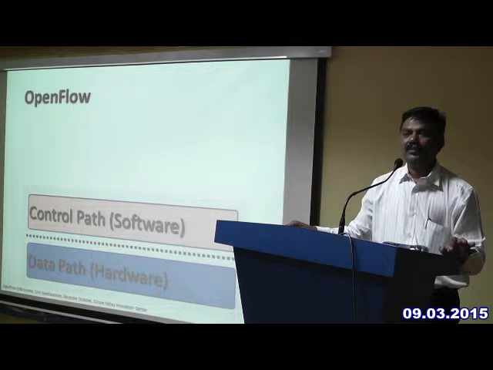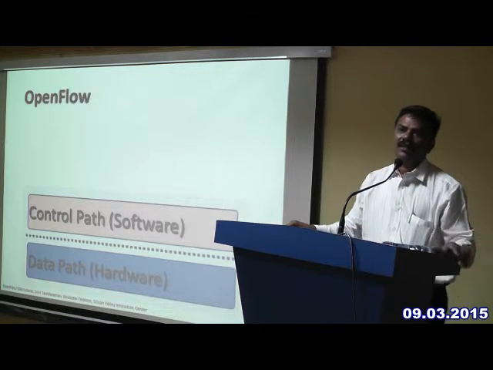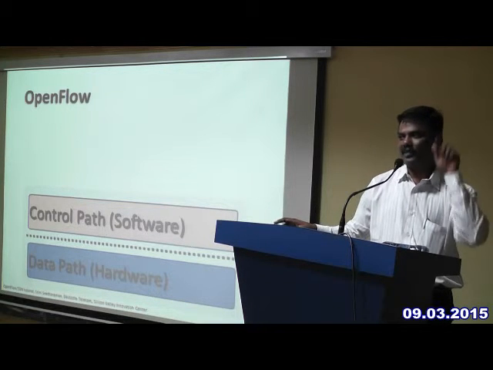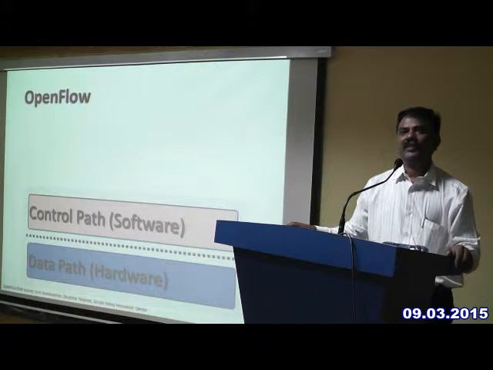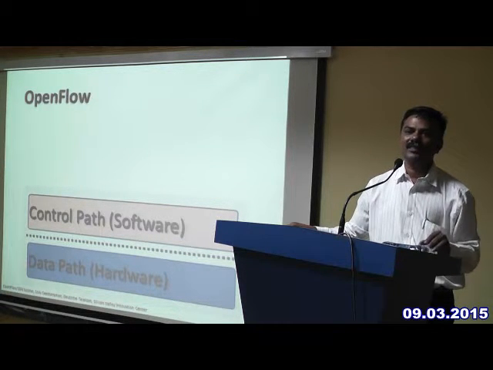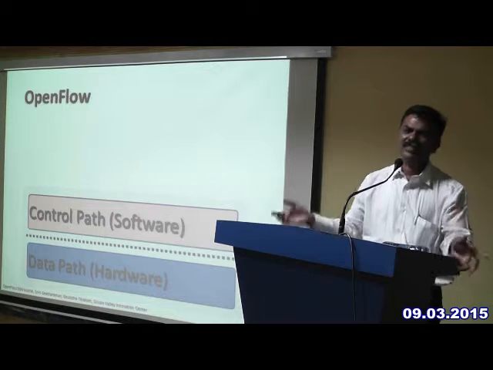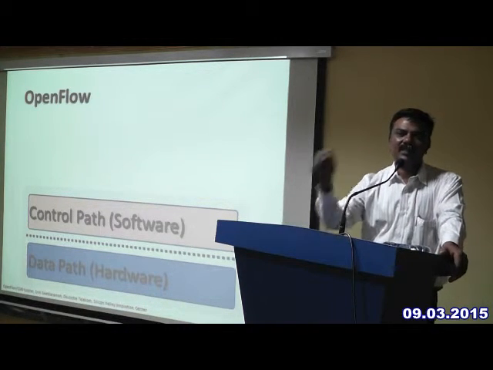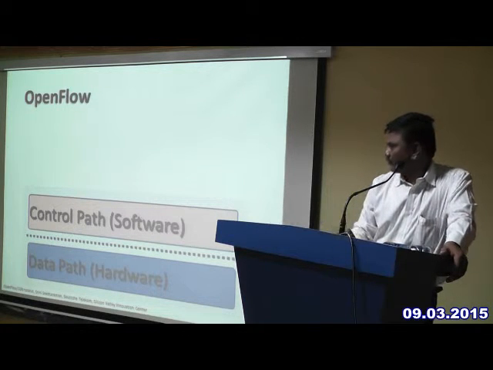Sometimes I used to teach wireless communication, and through that one day I learned that a control channel is also required. You can refer to a book called Wireless Communication Systems by Blake, B-L-A-K-E. It is a very popular textbook on telecommunication as well as electronic communication.